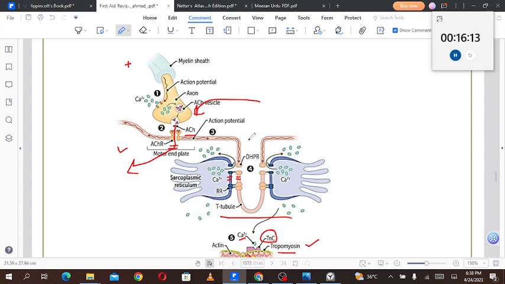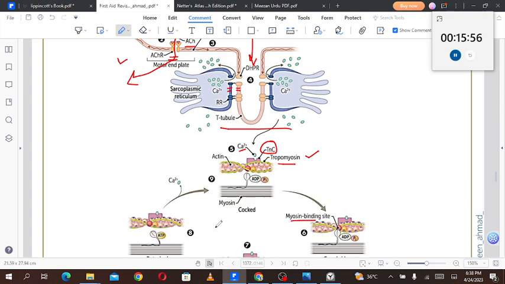Inside the T tubule, the dihydropyridine receptors are tethered to the ryanodine receptors on the sarcoplasmic reticulum. When they are stimulated, they cause the opening of the ryanodine receptors, and calcium is released from the sarcoplasmic reticulum into the cytoplasm. In the cytoplasm there are the contractile filaments, the sarcomere, the whole structure we explained in the previous picture. Now calcium in the cytoplasm is going to do some heavy things.